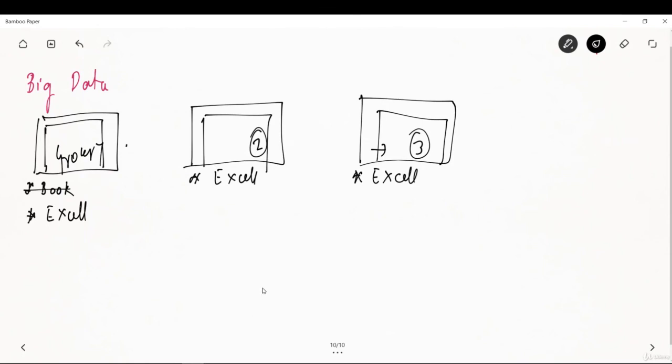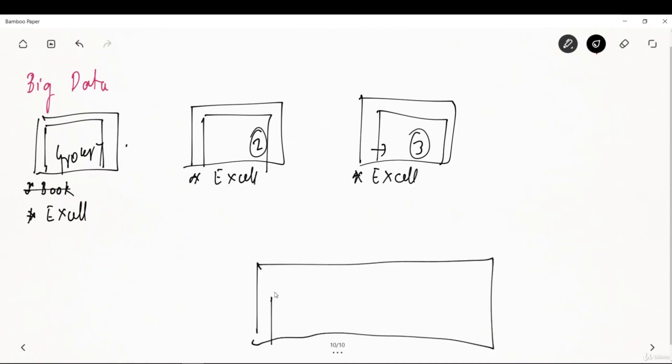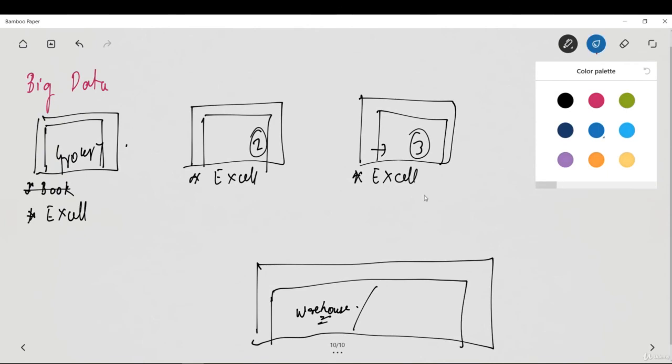Since his business is growing, he also sets up a data warehouse, or some warehouse, where all the groceries will be coming from. You can also call it a godown. Now he realized that he needs some software.